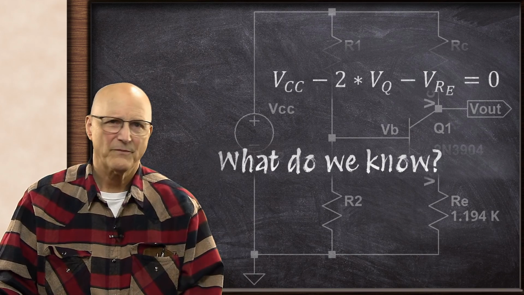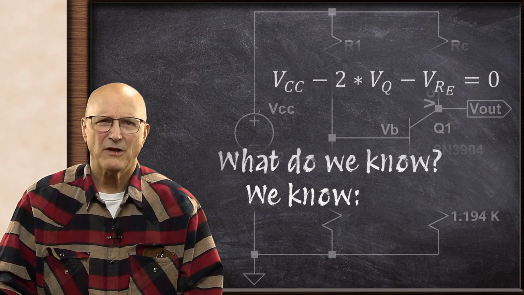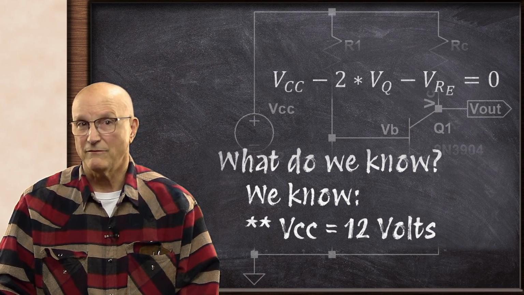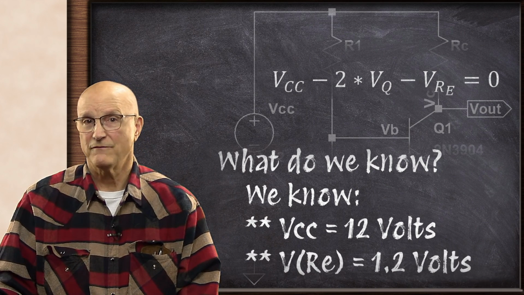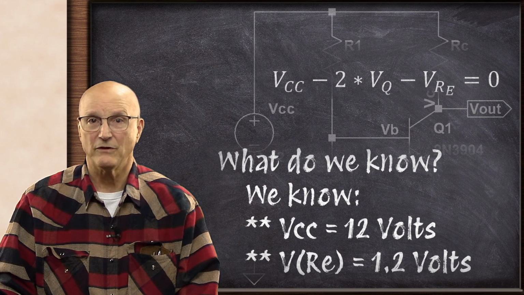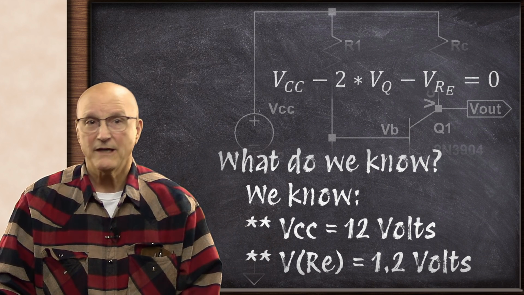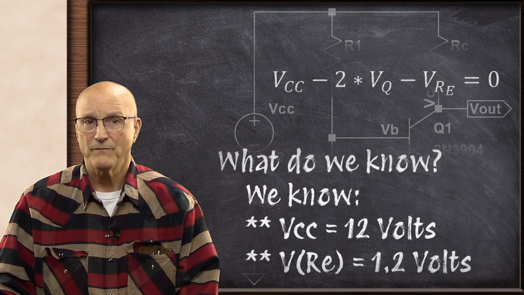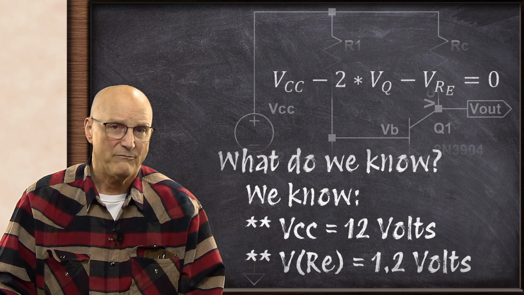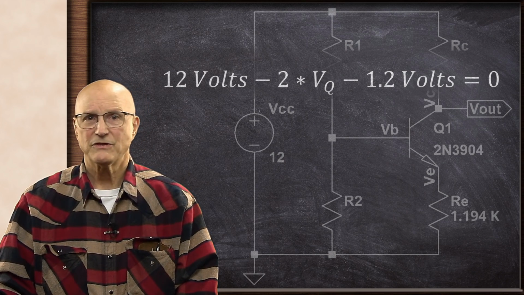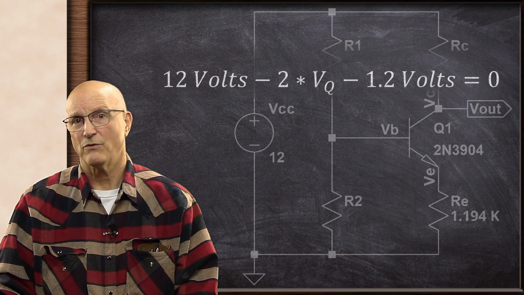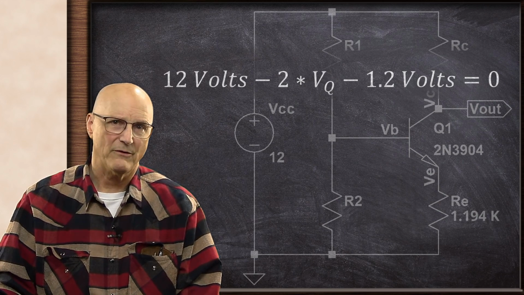So what do we know? We know that the power supply voltage VCC is 12 volts. We know that the voltage across the emitter resistor VRE is 1.2 volts per our previous calculation and via the rule of thumb. So putting these into our modified KVL equation, we get 12 volts minus 2 times VQ minus 1.2 volts equals 0.